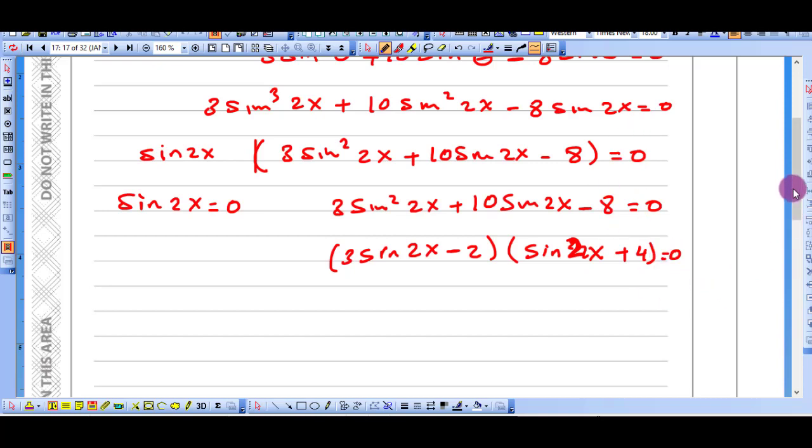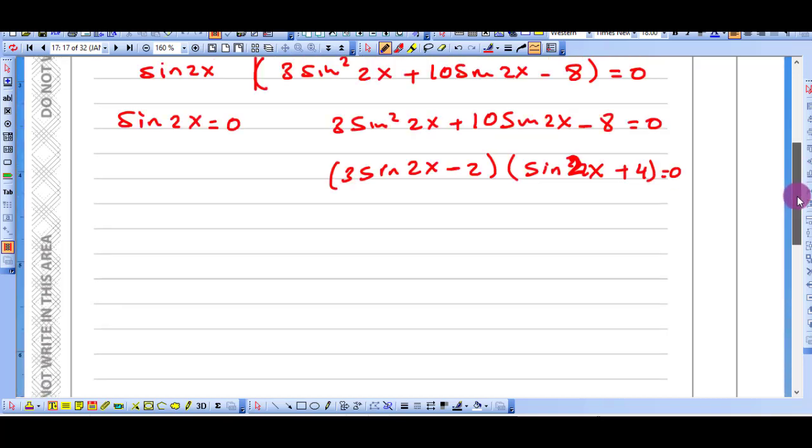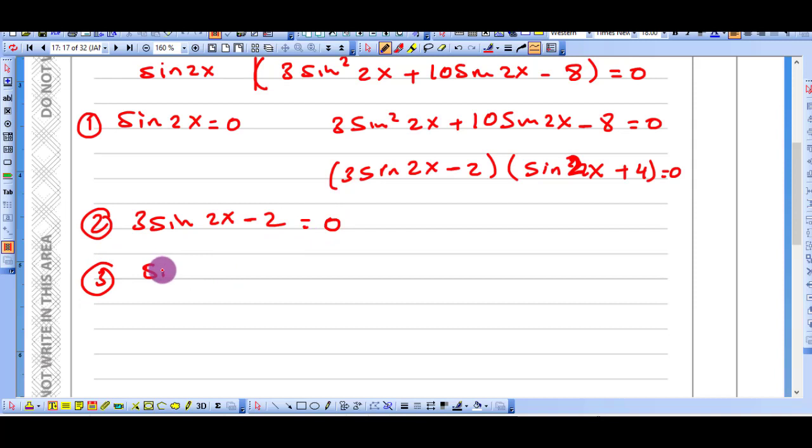Okay, so now this is the first equation, sine 2x equal to 0. The second equation, 3 sine 2x minus 2 is equal to 0. And the third one, sine 2x plus 4 is equal to 0. From here, sine 2x is equal to minus 4. We don't have a solution.